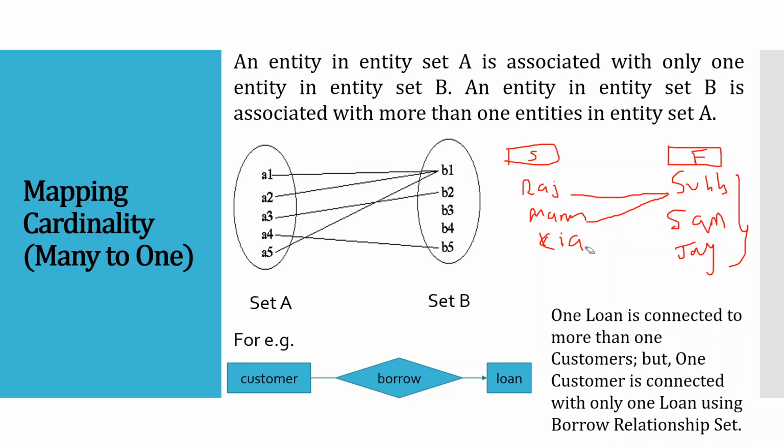So this is called many to one mapping cardinality, where more than one entity of set 1 is connected to one and only one entity of set 2. So here we can say more than one student connected to one and only one faculty. Clear everyone? So this is what many to one means.